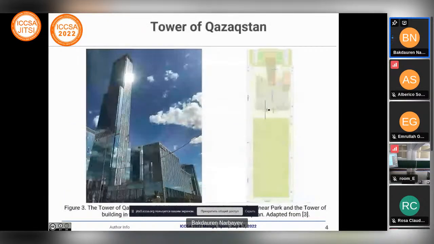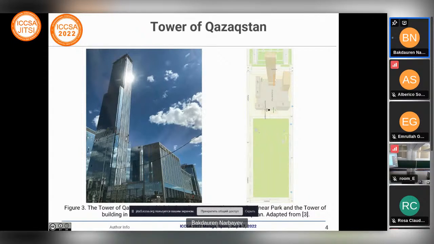In the literature, several studies have used computational fluid dynamics to assess wind conditions in urban areas. Most results were obtained by various commercial software tools in the study of the impacts of climate conditions, such as wind on buildings. So to investigate this problem locally, we consider a model of the Tower of Kazakhstan.